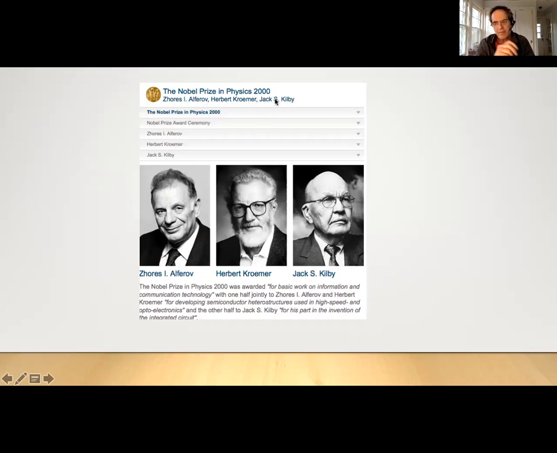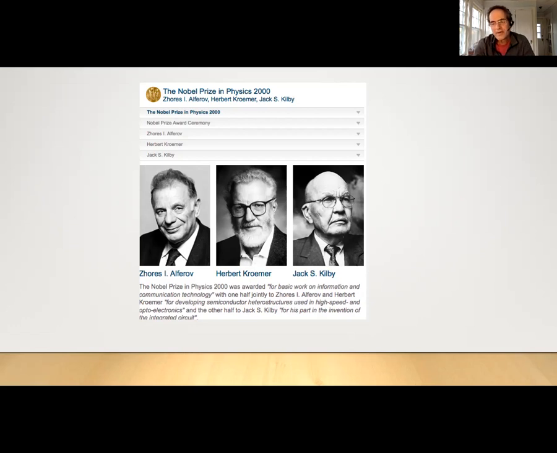Jack Kilby was very important for the development of the integrated circuit, but Herb Kroemer and Alferov developed heterostructures for optoelectronics and electronics applications. And one of my students, a McAllister student, Nelson Coates, actually went and did his PhD with Herb Kroemer around 2005, and is now a professor out in California. So that's kind of fun.